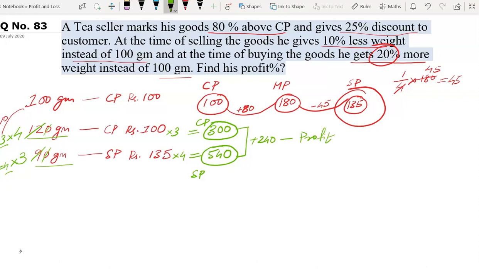And we need to find the profit percent. So profit percent is equal to profit upon CP, 240 upon 300 into 100. 3 8s are 24, so 80. So profit percent is how much? 80%, and this is our answer.